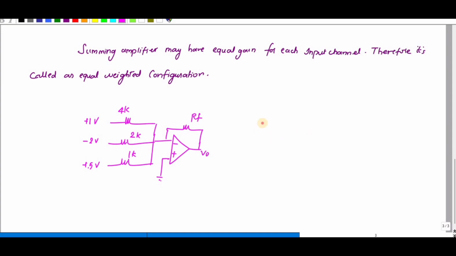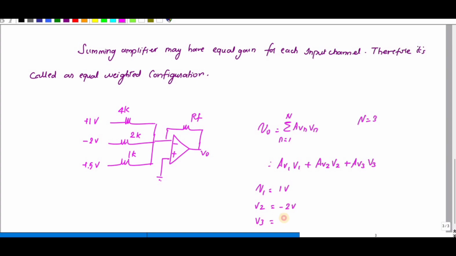We know that V0 is the summation from n equals 1 to N of AVn into Vn. Here N is 3, so V0 equals AV1 into V1 plus AV2 into V2 plus AV3 into V3, where V1 is 1 volt, V2 is minus 2 volt and V3 is 0.5 volt.